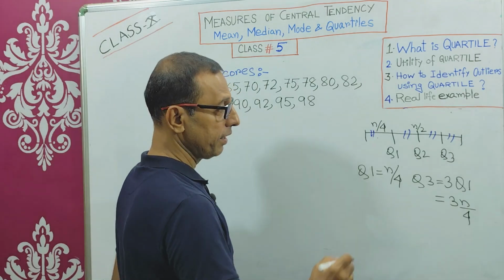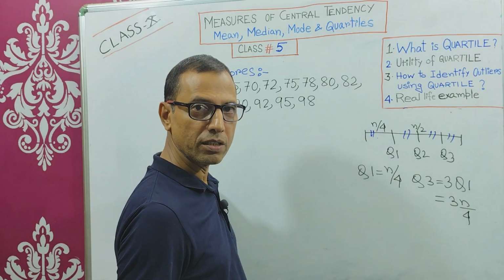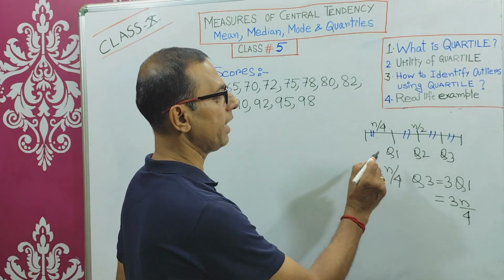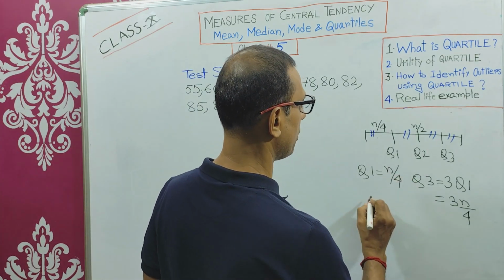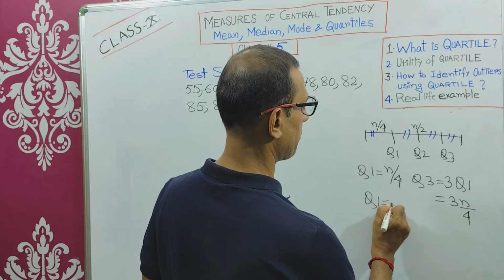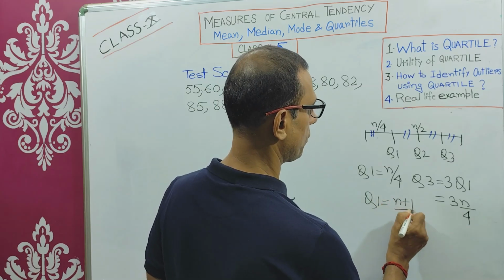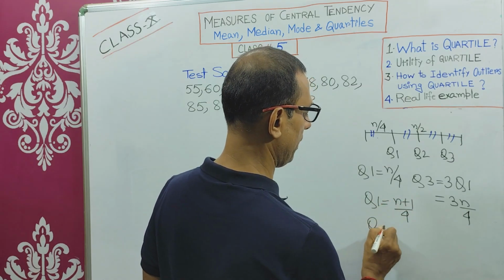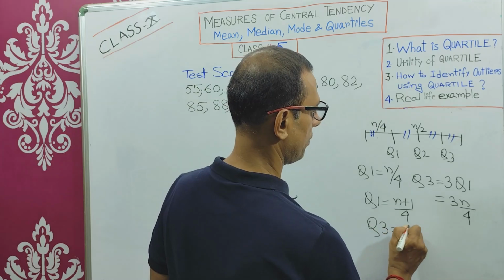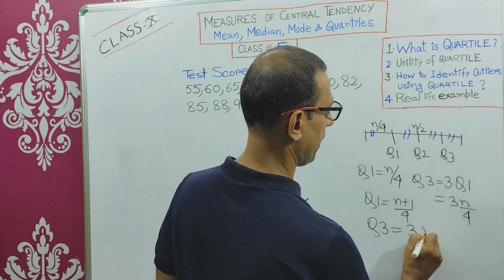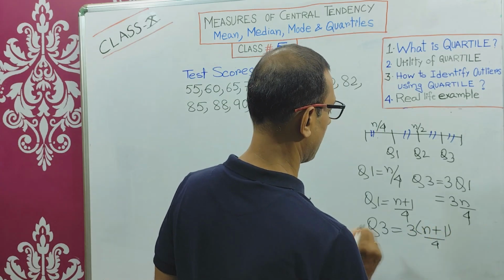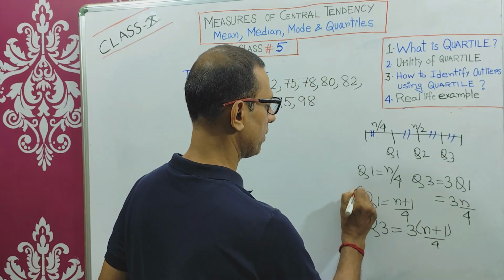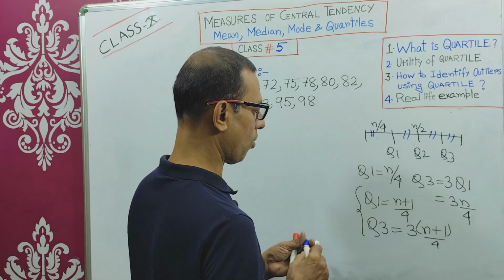If the total number of observations n is odd, then Q1 will be n plus 1 by 4, and Q3 will be 3 times n plus 1 by 4.